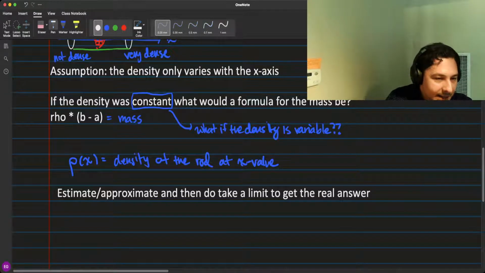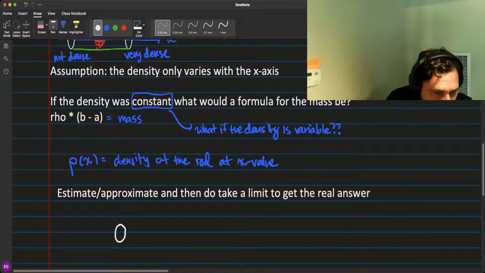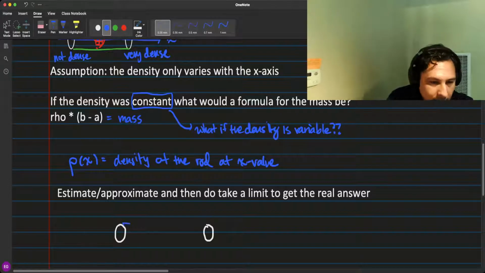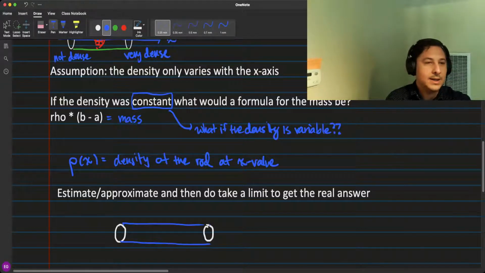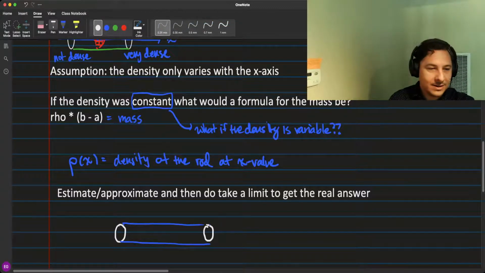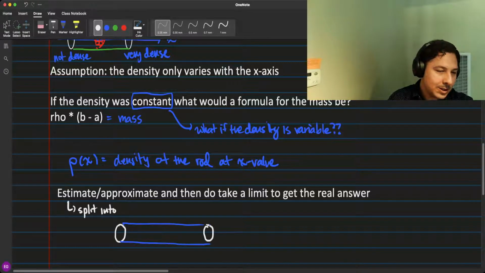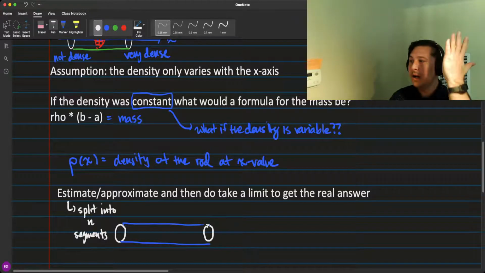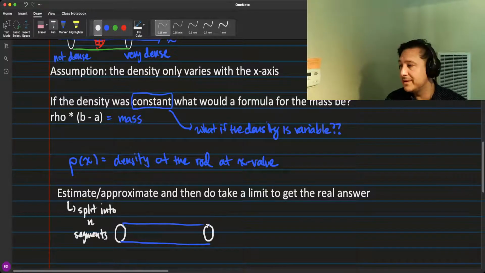So we've got our rod. Let's draw in our rod. My beautiful rod. Okay, so you could split the rod into n segments, right? That's how you always start your estimate. Remember when we were trying to find area or volume? What did we always end up doing? We imagined breaking it up into 4 pieces.